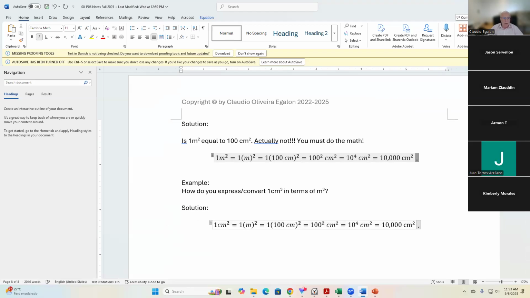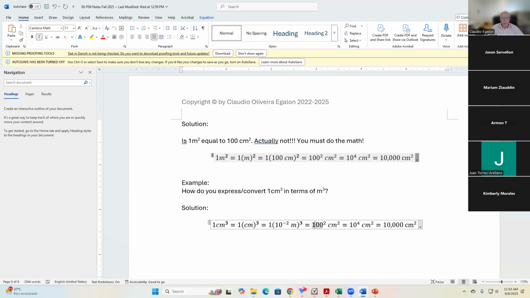Here we write our cubic centimeter in terms of a parenthesis. And inside the parenthesis, we write down the centimeter in meter. 1 centimeter is 10 to minus 2 meters. And let's not forget this cubic here.